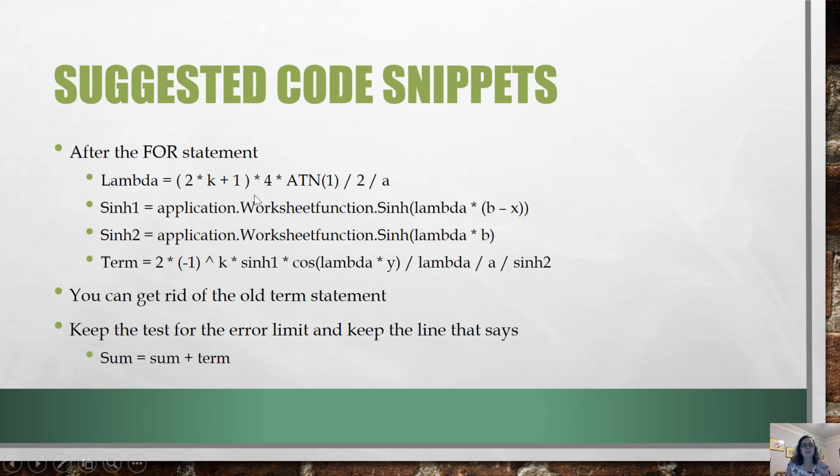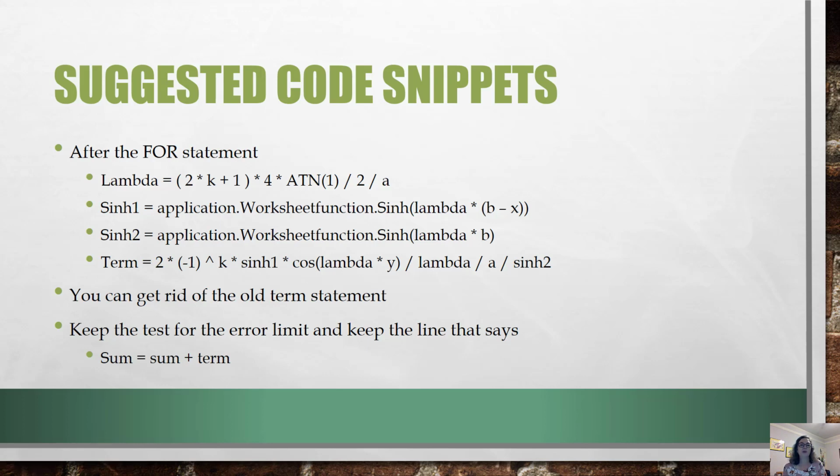Anyway, so that's lambda, and then I'm calling that worksheet function for Sinh1 and Sinh2. So Sinh1 is the one that's in the numerator that has b minus x. Sinh2 is the one in the denominator. And then therefore this is my term. And then you can get rid of the old term statement or just comment it out. Okay? Be sure you keep the test for the error limit, and be sure you keep the line that says sum equals sum plus term. And it should work fairly directly.